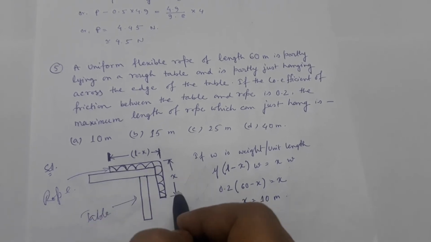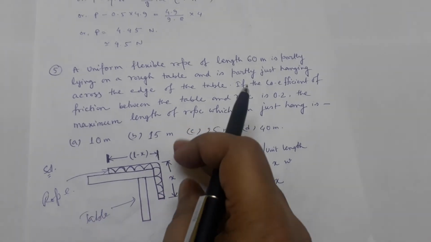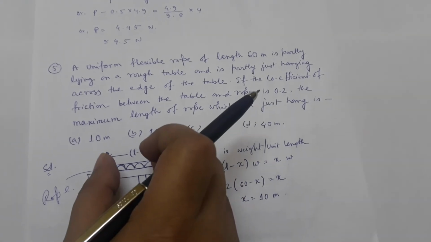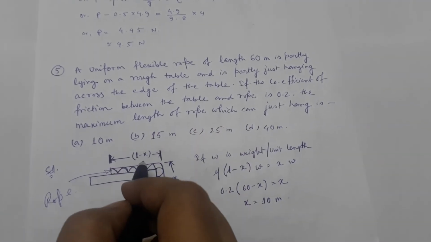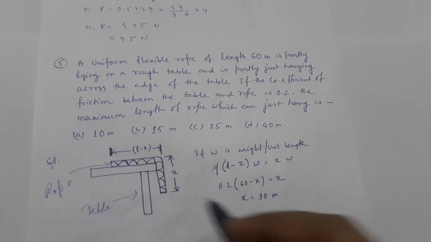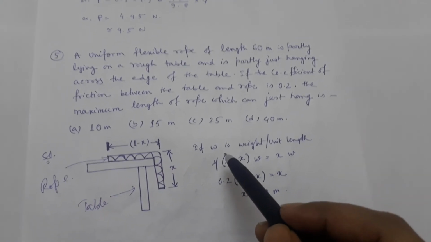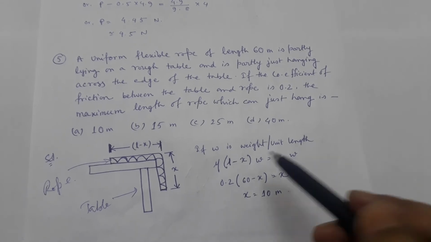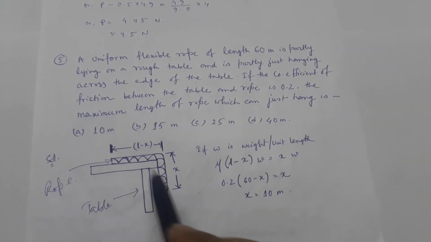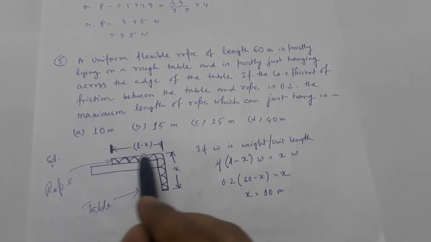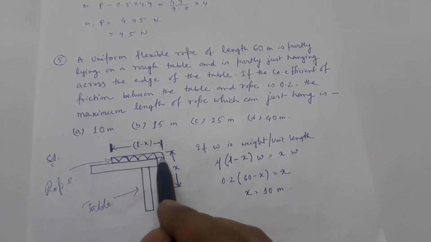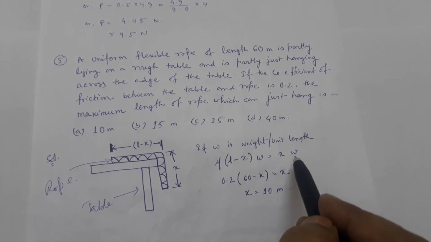The total length is L. If W is the weight per unit length, then for this condition, mu into L minus x into W equals x into W.